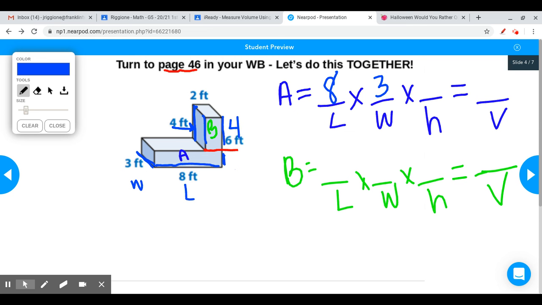So that tells me that if this whole side is 6 and this piece is 4, that leaves me 2 left over for the height of my bottom rectangular prism. So again, I got that because this 4 over here is telling us that this bottom part has to be 2. All right, so put a 2 in there, and now I can go ahead and multiply.